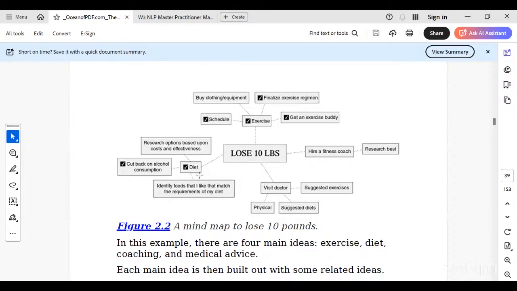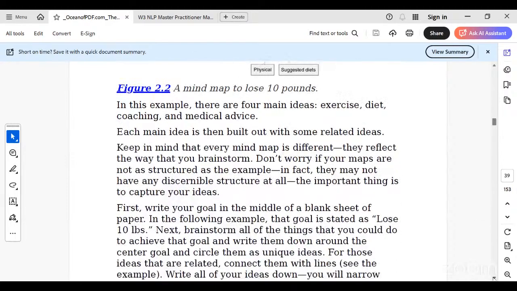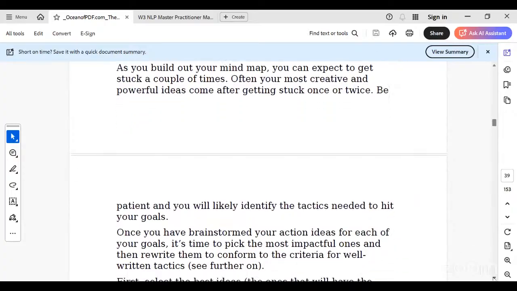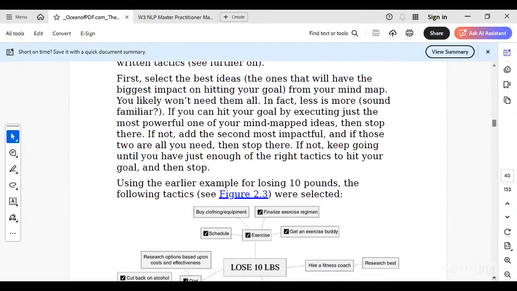So these, like cut back on alcohol consumption, which might be a challenge for that person. So this has to be personalized to your requirement. This has to be personalized to your way of doing work today. So it has to be closer to reality as well, that is, what can be feasibly done right now or in the upcoming weeks as well.